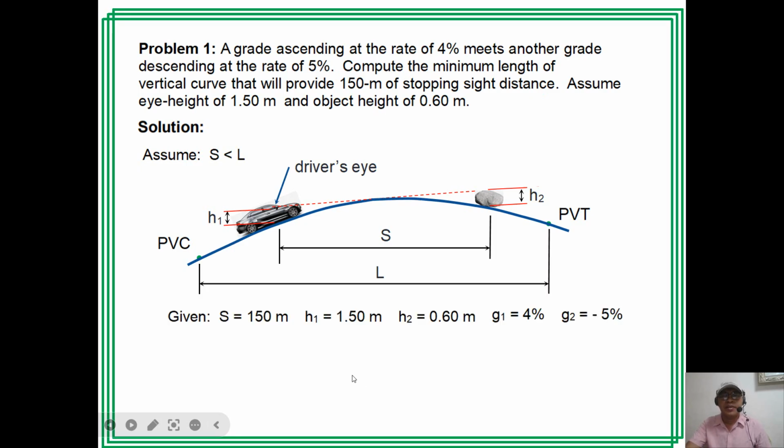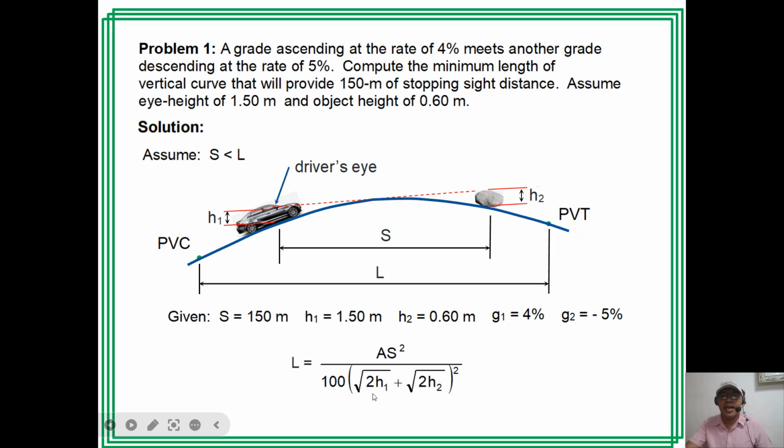We have the given S as 150 meters, the stopping sight distance to be provided. Then H1 is 1.5, the eye height of the driver, and H2, the height of the object on the opposite side, is 0.6 meters. The question is to find the minimum length L of the curve. So G1 is 4%, G2 is negative 5%.